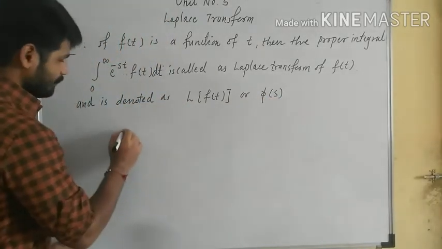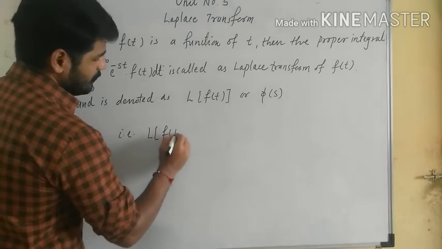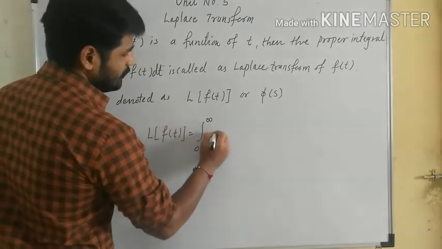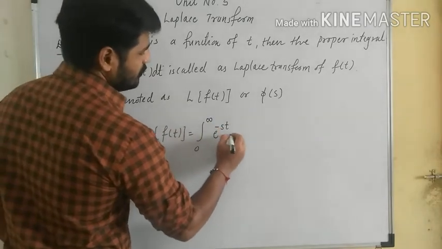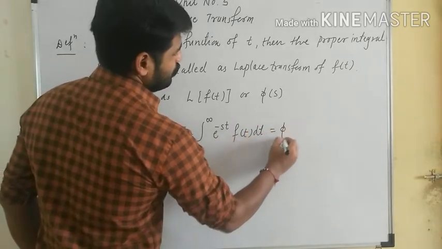So that is, Laplace transform of f of t is equal to the integral from 0 to infinity e raised to minus st into f of t dt, that is equal to phi of s.